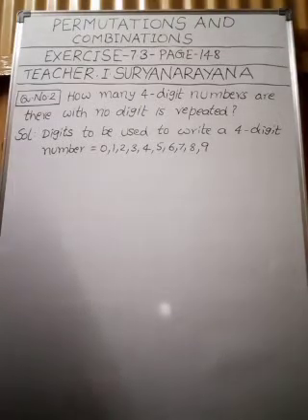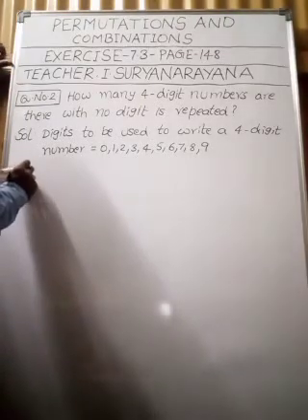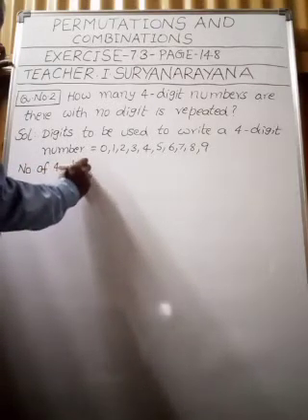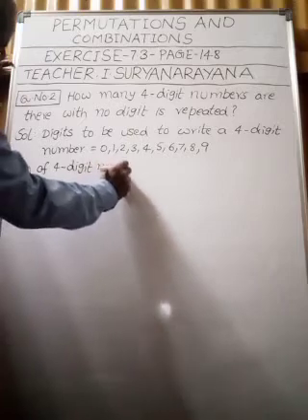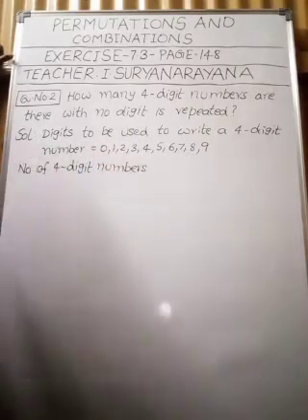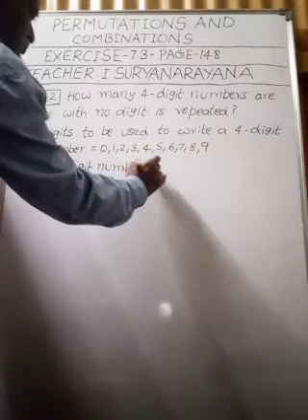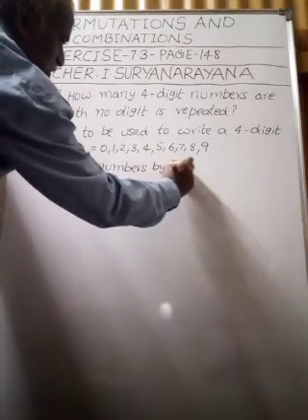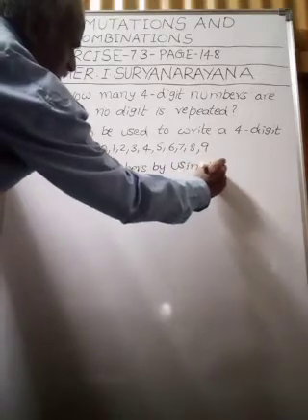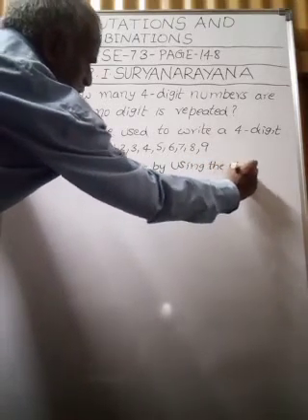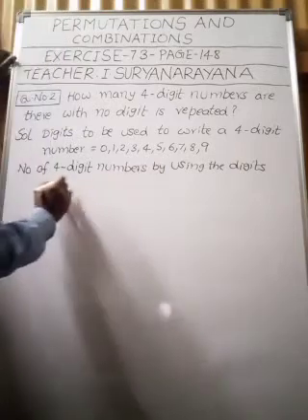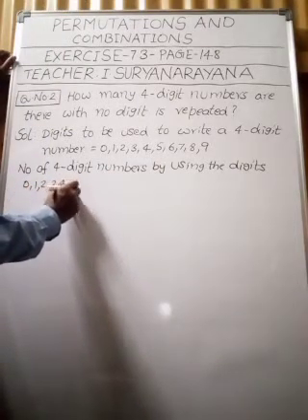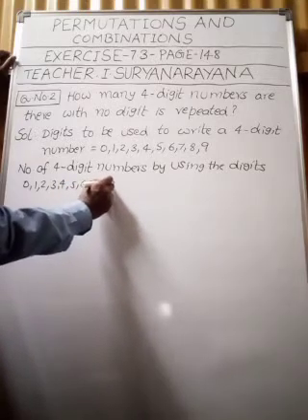So, the number of 4-digit numbers by using the digits 0, 1, 2, 3, 4, 5, 6, 7, 8, 9.